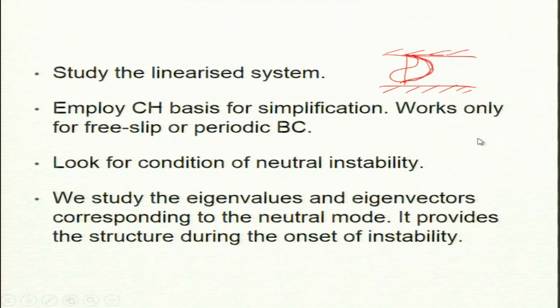Study the eigenvalues and eigenvectors once we get neutral stability, and that will be the structure at the onset. Near the onset, not necessarily at onset, the structure does not change dramatically if I change the Rayleigh number slightly.